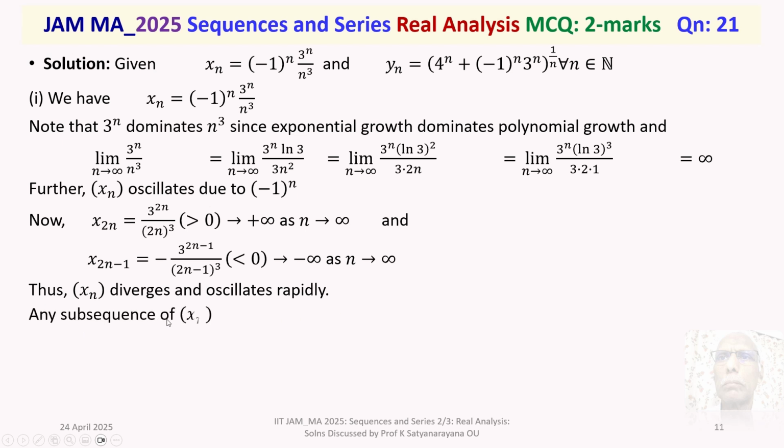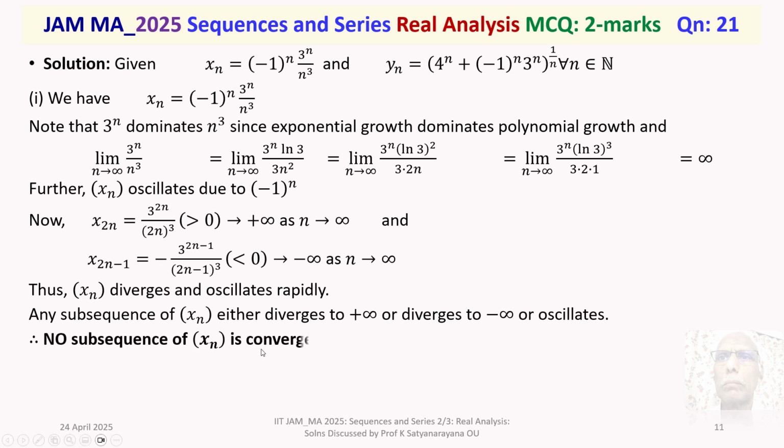So any subsequence of x_n either diverges to plus infinity, or diverges to minus infinity, or oscillates. That means no subsequence of x_n converges. So no subsequence of x_n is convergent. So that is the fact.